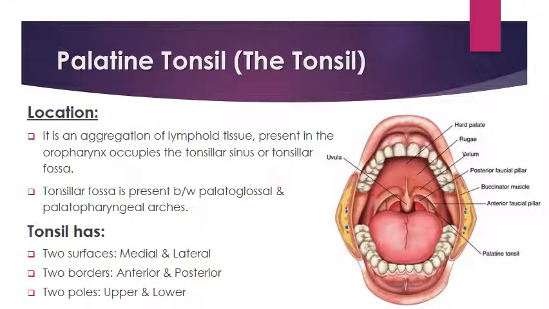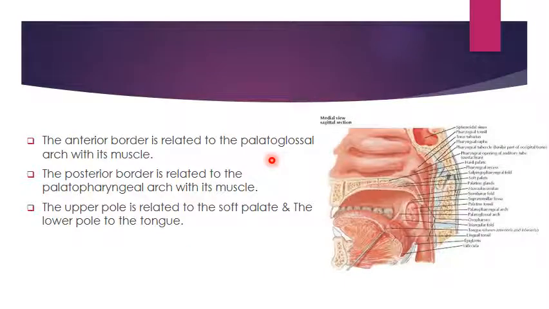Now the tonsil has two surfaces, medial and lateral, two borders, anterior and posterior, and two poles, upper and lower pole. Here is the medial view of a sagittal section, where you can see above this the nasal cavity and then the hard palate and soft palate, and below there is the oral cavity.